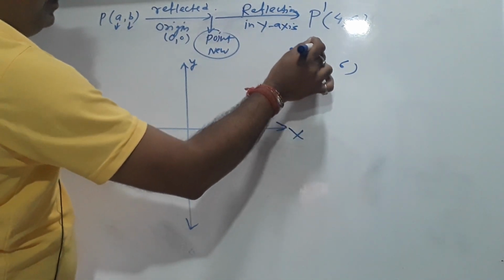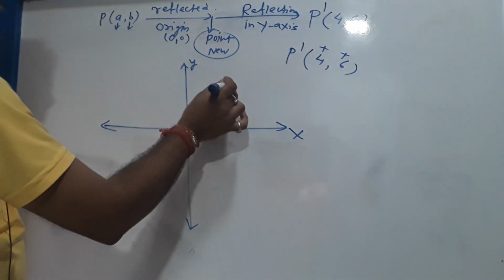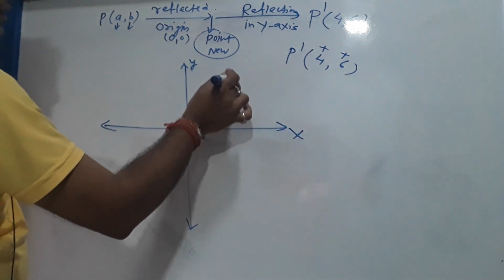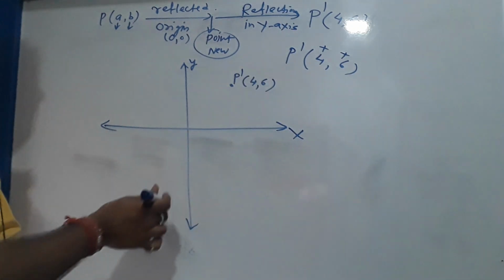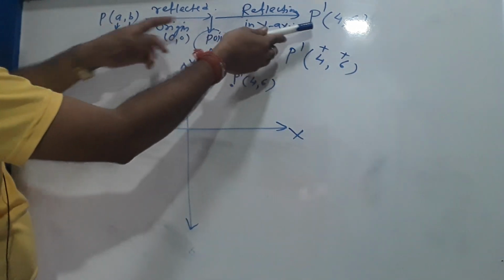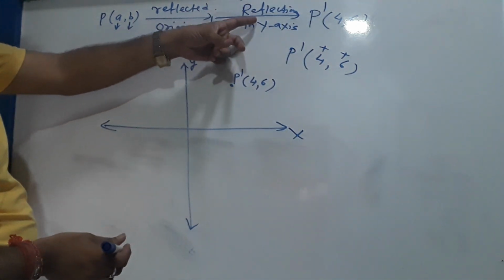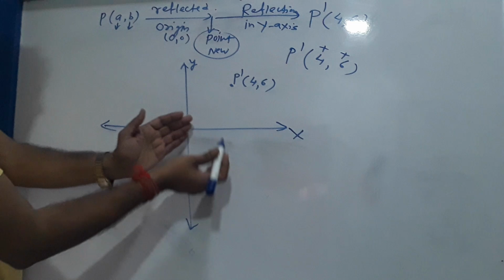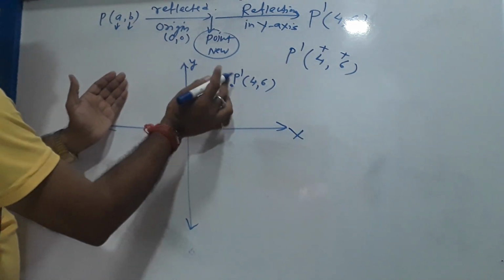What is the sign of 4? Plus. What is the sign of 6? Plus. Plus means first quadrant. So the final reflected point P dash is 4, 6, in the first quadrant. How have we obtained this P dash? Now go in the reverse direction. Take reflection in the y axis. When we take reflection in the y axis, we get P dash.